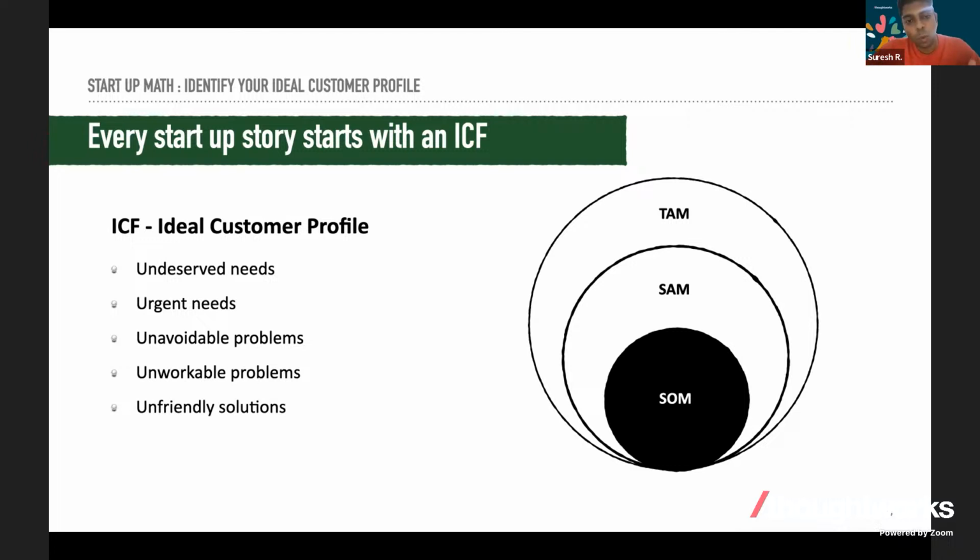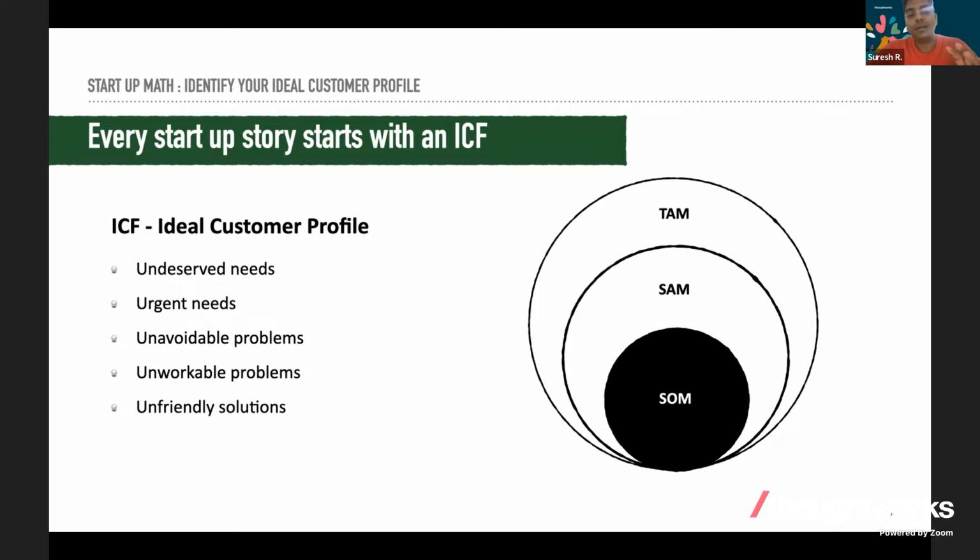The importance of why we are stressing on an ICP in a unit economics discussion is because eventually, when we look at how we are going to capture customers, how we are going to derive the customer lifetime value, everything will boil down as a startup to your ideal customer profile. That's the set of customers you're going to target to acquire in the first year or 2 of your operations.